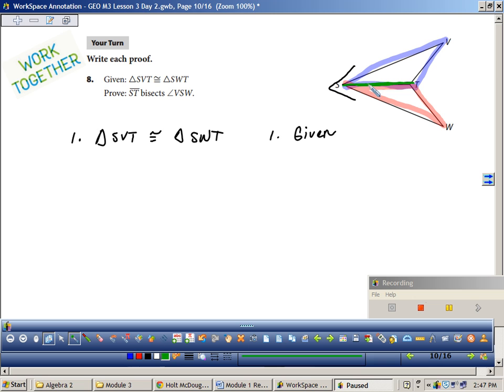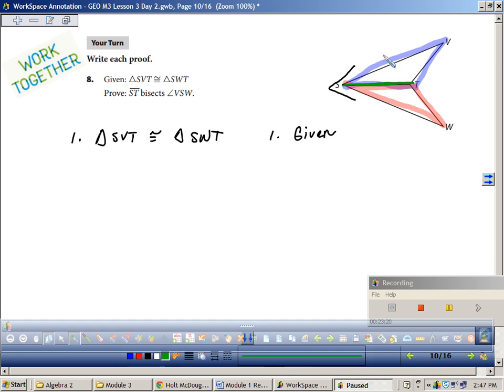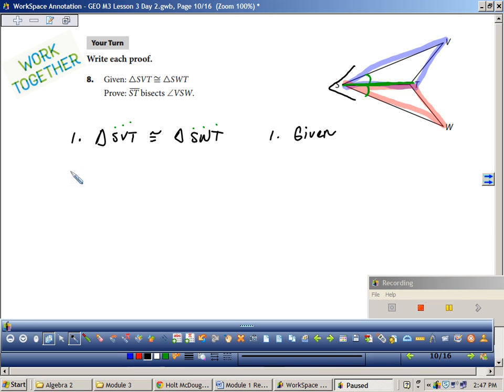Well, if I work my logic backwards, ST bisects if this angle is congruent with this angle. Well, I can say that angle is congruent with that angle because angle VST has to be congruent with angle WST. I know that because corresponding parts of congruent figures are congruent.